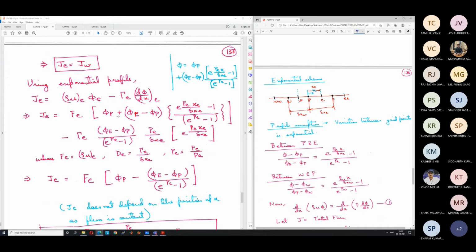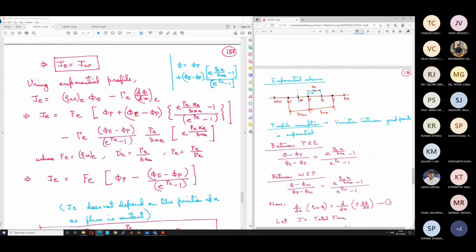So Fe into phi p, this term is still there, plus (phi minus phi p) times (e to the power p xc by delta xc minus 1) by (e to the power p minus 1), minus gamma into p. What is gamma into p by delta xc? Gamma e by delta xc is the diffusive strength De.